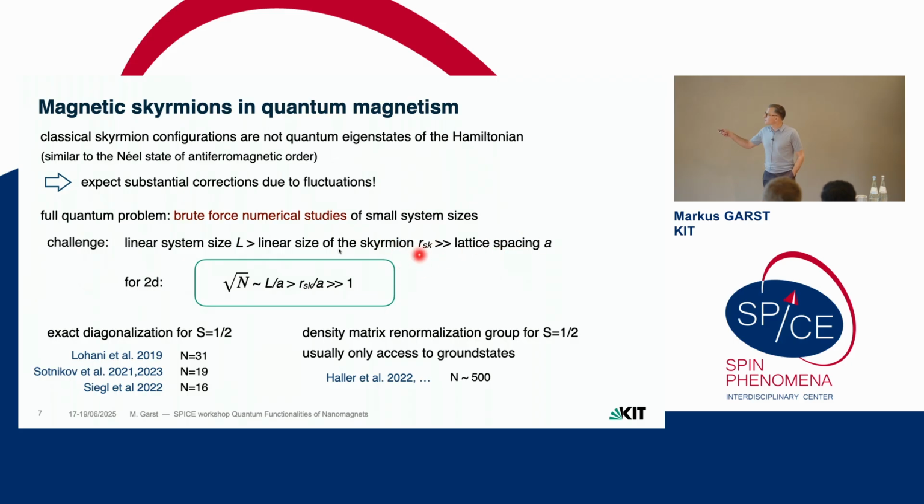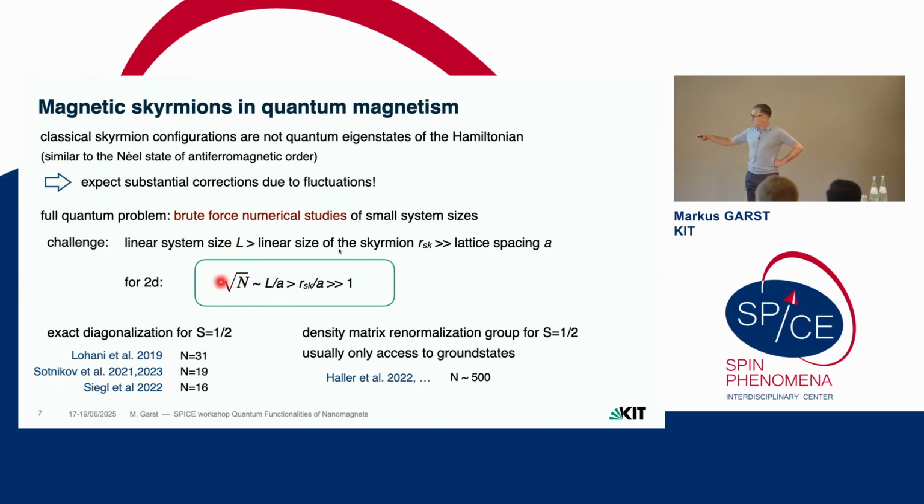So of course this is obvious. You should have the limit that the skyrmion size should be at least much larger than the lattice spacing. But on the other hand, the skyrmion should also fit into the system. So this means the linear system size should also be much larger than the skyrmion size.